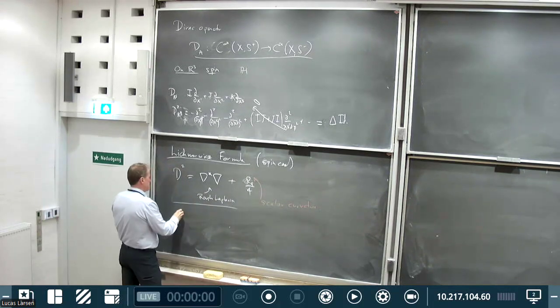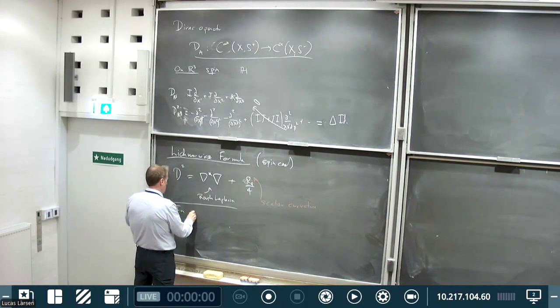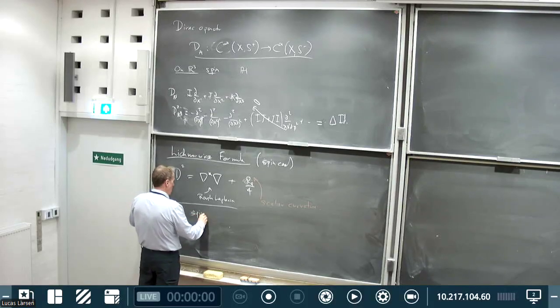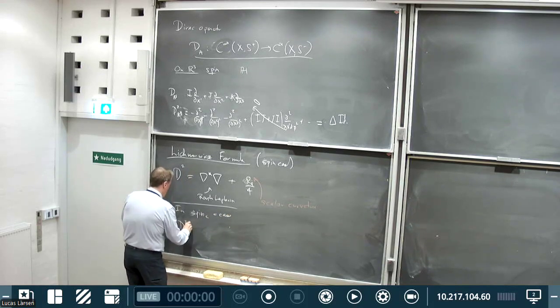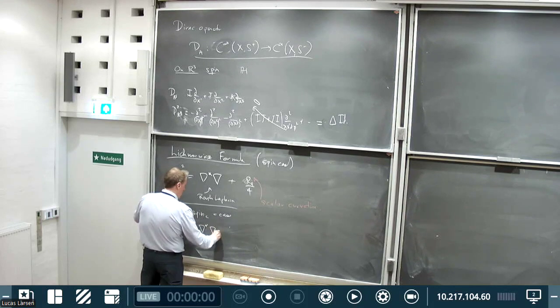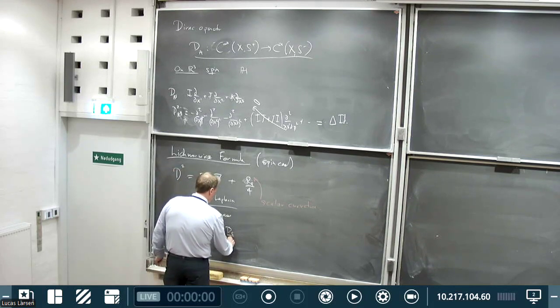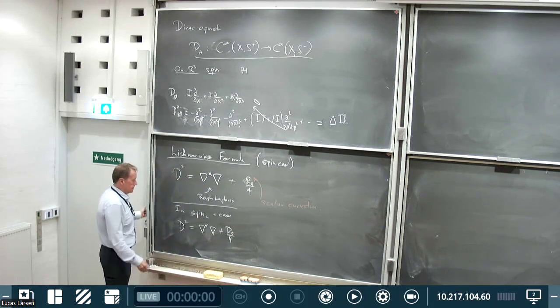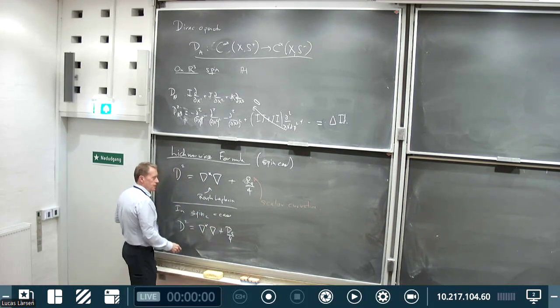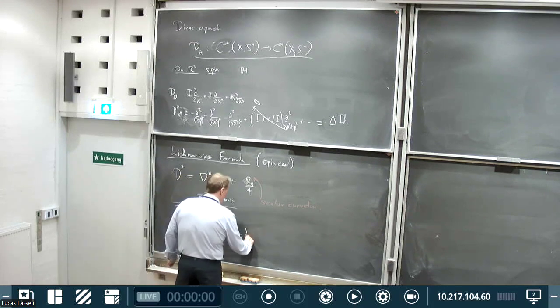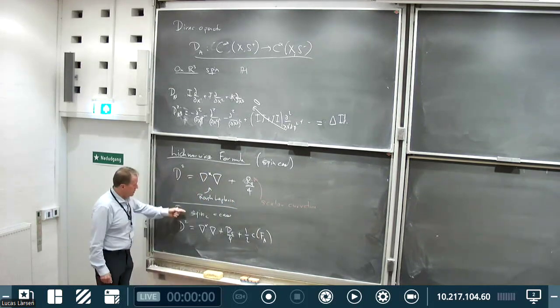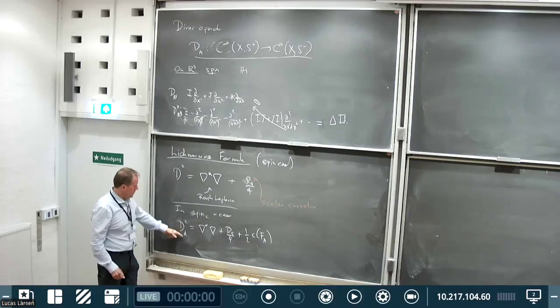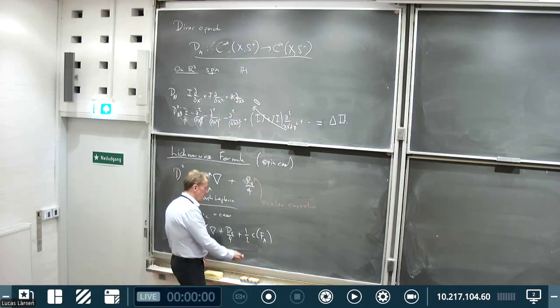Now for the spin C case, it's a little more complicated. I'm not going to prove these things; it takes some serious computations. In the spin C case, the Dirac operator depends on a connection in the determinant line bundle. And what does this term mean?